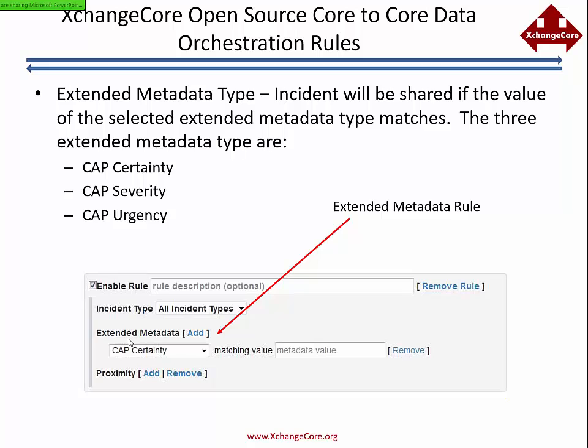So don't give it to me unless there's a CAP standard of urgency associated with it. I'll take everything of a certain type, but don't give it to me unless you have absolute certainty that it's there.